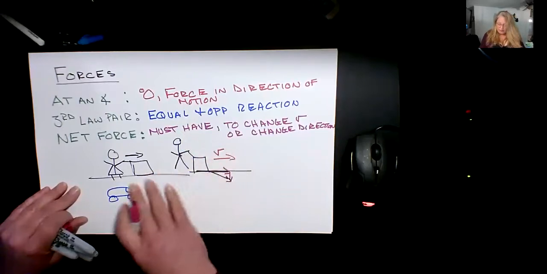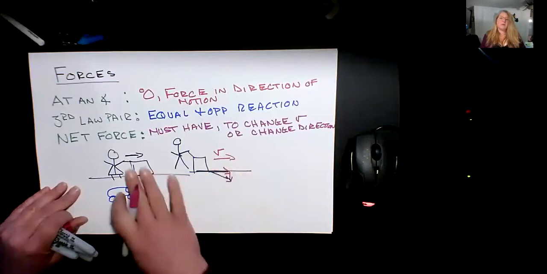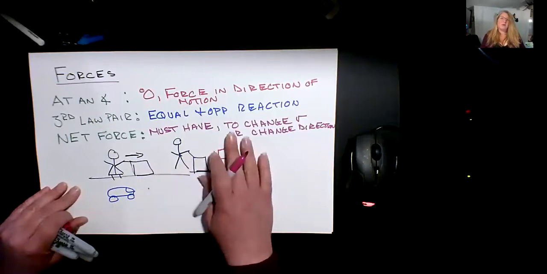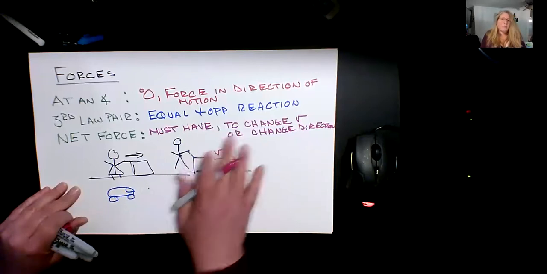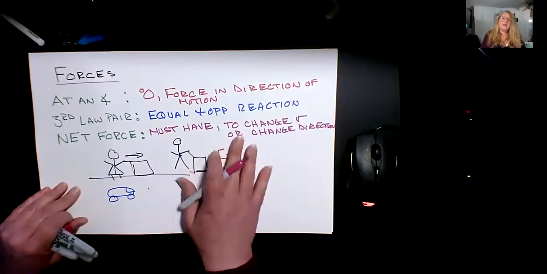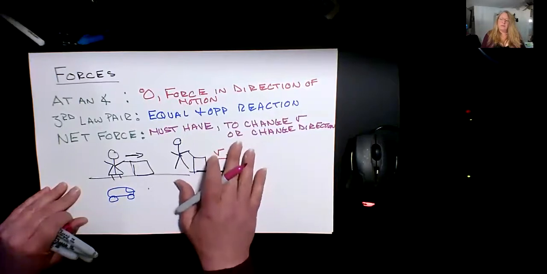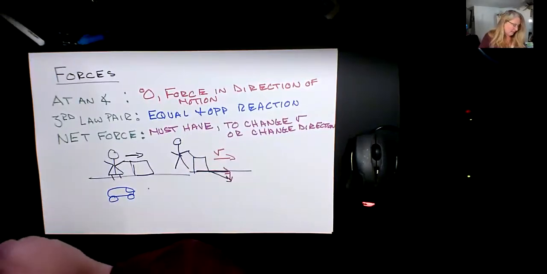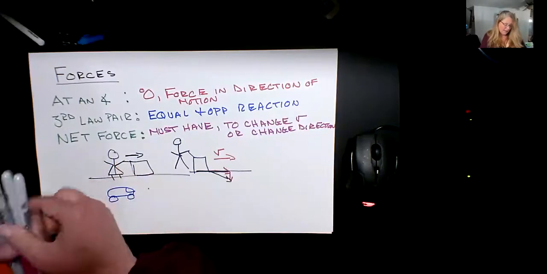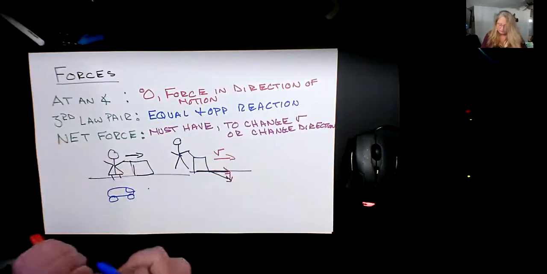So in our case right now, everything is rather linear. We're going in a straight line or up a hill. We're not turning yet. If I'm going up a hill and accelerating, the net force is pushing me up. If my velocity is not changing, then I have no net force.